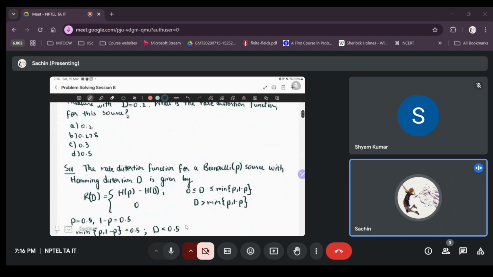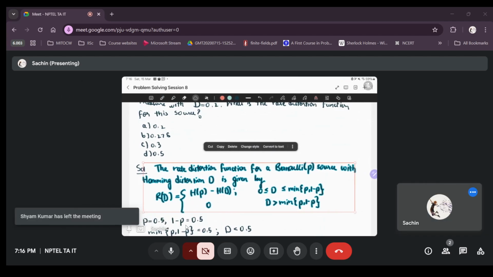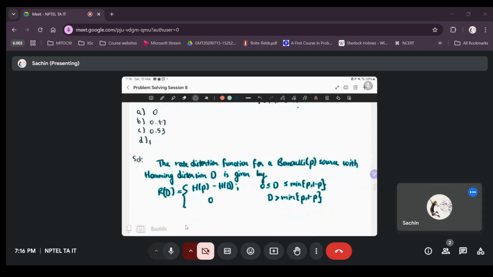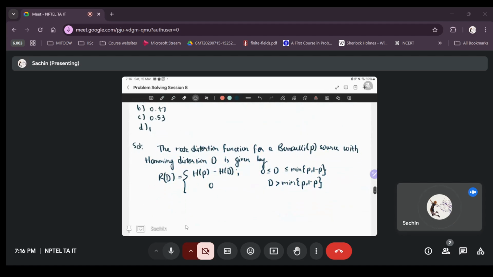So the source is a Bernoulli source of parameter P and Hamming distortion capital D. For such a source, we saw in question 1, depending on the value of capital D and small p, R of D is given by this function. So if D is between 0 and minimum of p comma 1 minus p, R of D is h of p minus h of D, where h is the binary entropy function.